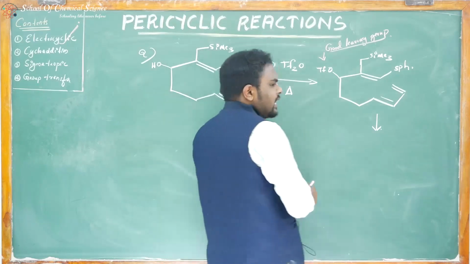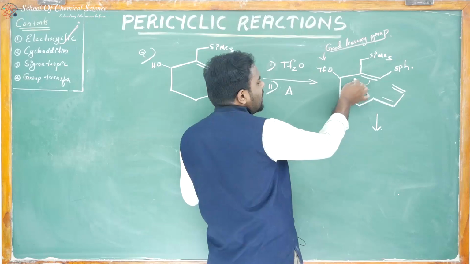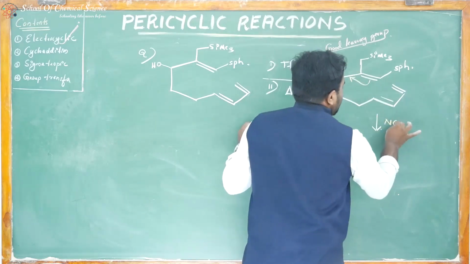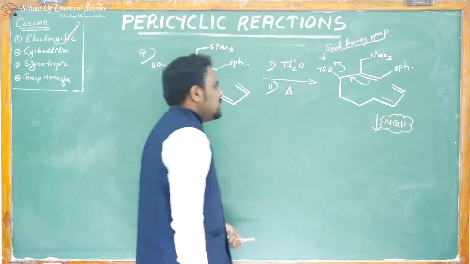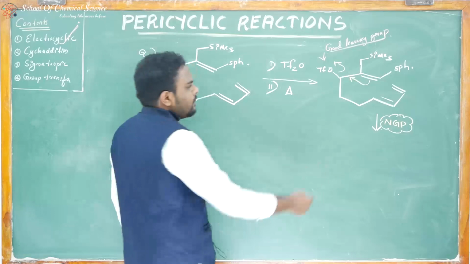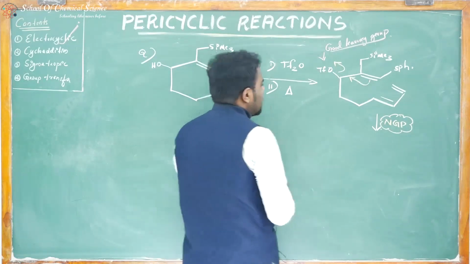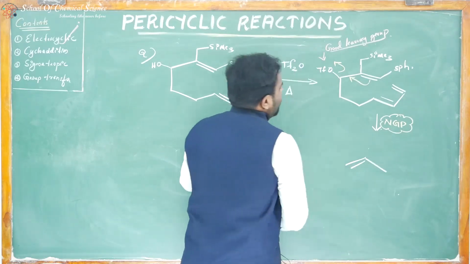So in the next step, this pi bond will help in the elimination of this leaving group by neighboring group participation, NGP. So this intervening pi bond helps in the elimination of this OTf, so that in the next step, here a pi bond is formed.